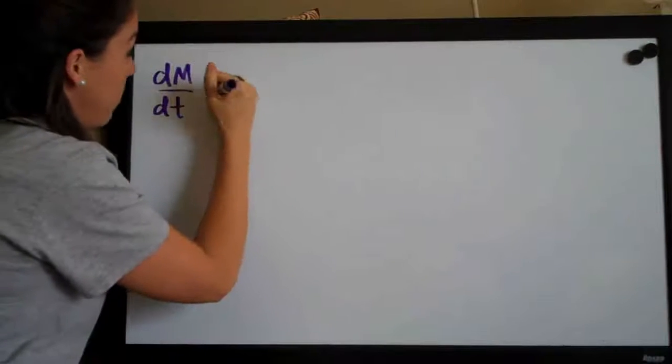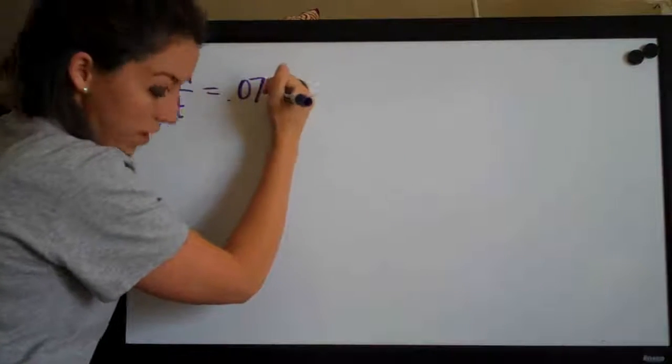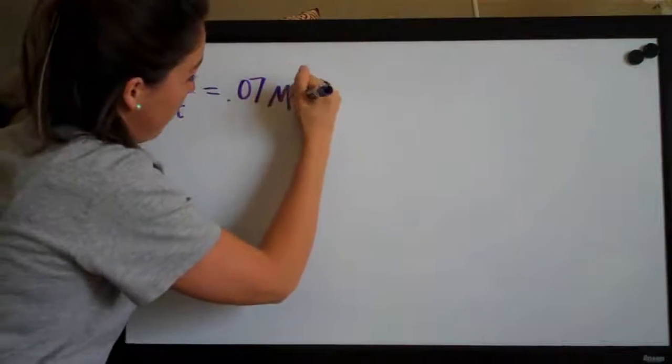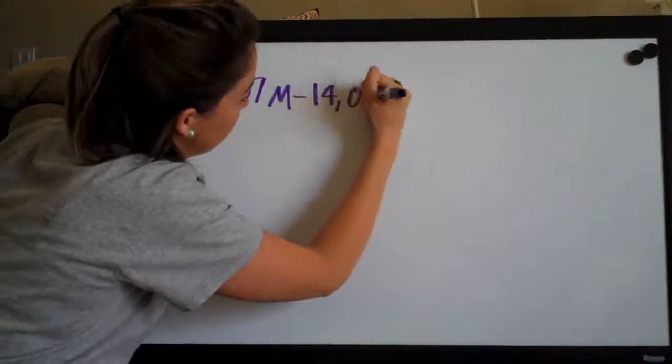The problem that we're given is actually phrased as an initial value problem. They asked us to consider the initial value problem dm over dt equals 0.07 m minus 14,000.